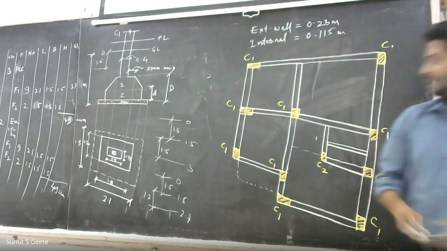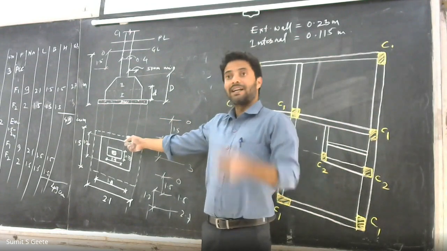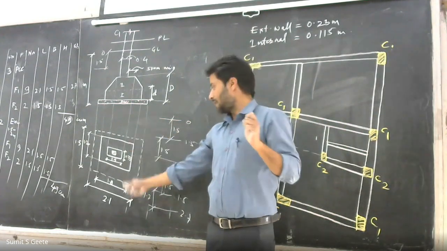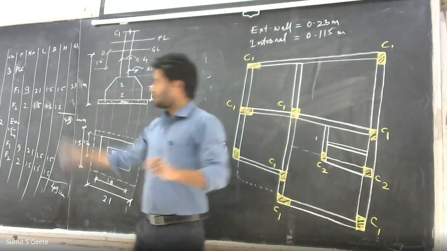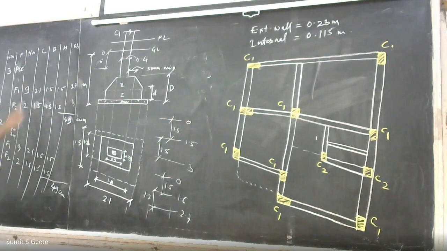Clear? अब plan dimension कौन से आपके excavation के ये dotted line के dimensions. क्या है इसके dimension? 2.1 and 1.5. So write down those dimensions. So 2.1, 1.5, 1.5, 1.5. But what is the thickness of your PCC? 0.1 meter.